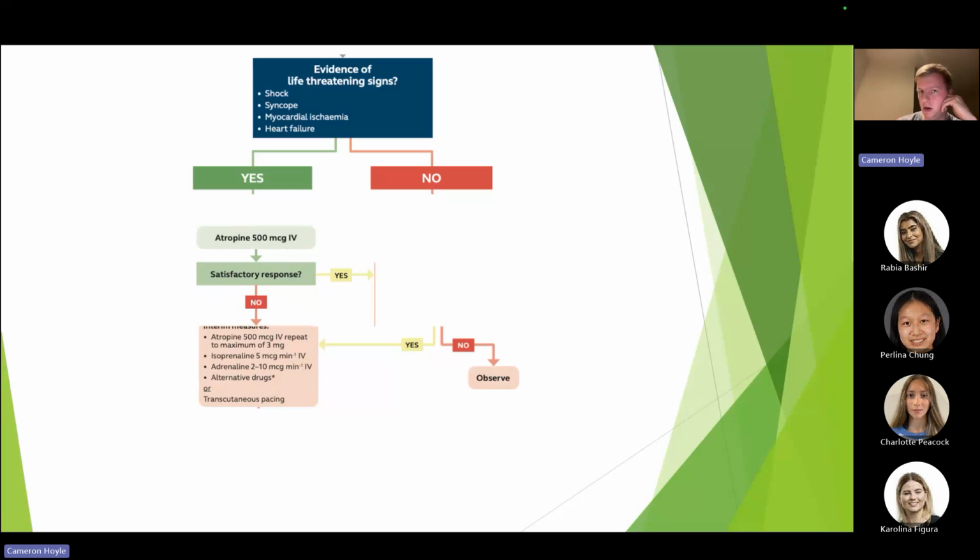I've got a YouTube video showing you how to pace a patient shortly, because it's something that gets spoken about in lectures and things. Oh yeah, you need to transcutaneously pace the patient, but you're never actually taught how to do it. So if you get to a point where you're expected to do it, then it's good to know how. If you don't know how to do it, then please don't do it.